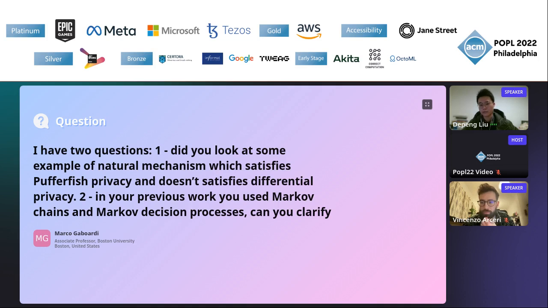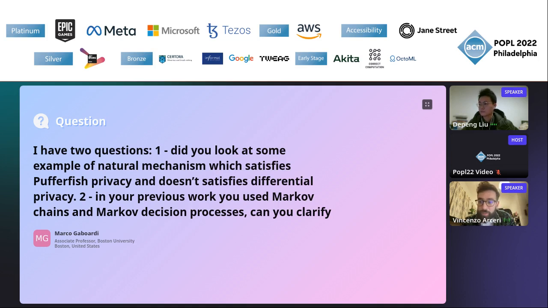But differential privacy has a more standard way to check whether it is satisfied. That is, it has to check whether for the adjacent databases, the inequalities hold. But usually it will have a much larger privacy budget. I don't know whether I answered your question clearly.